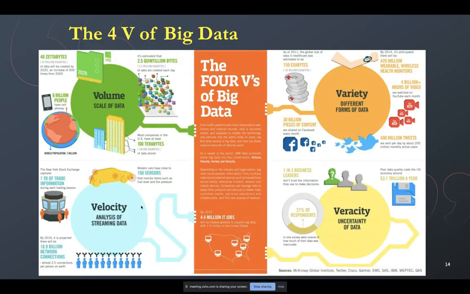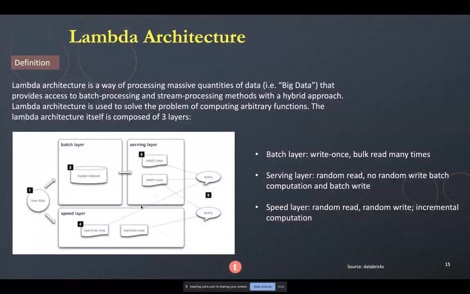Now, when we are talking about big data technologies, there are mainly two architectures that I'm going to present to you at a very high level. The first one is the Lambda architecture. The Lambda architecture wanted to solve a big problem: how to have, on one end, long-time computation of data.